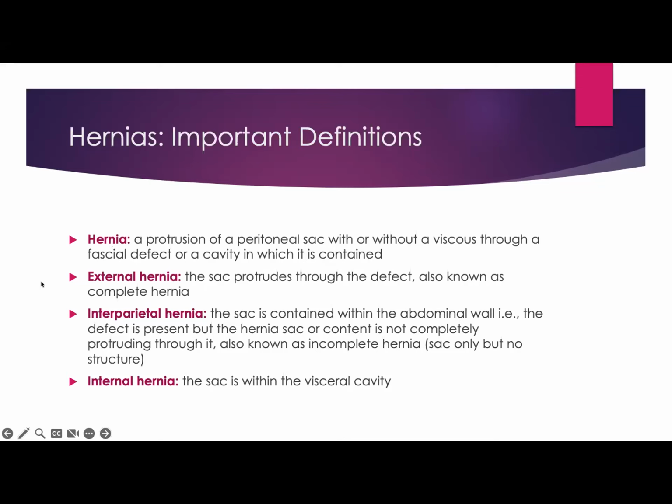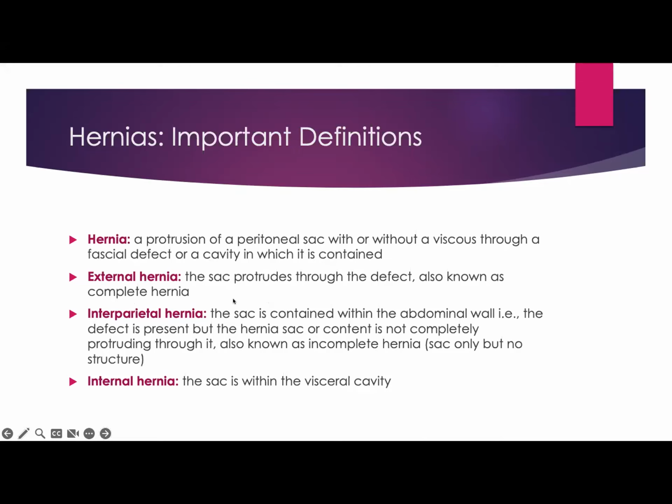Hernia has different types. First, we have the external hernia, and then we have the internal hernia. And if the external hernia is incomplete, we refer to it as interparietal hernia. Okay, so the external hernia is the sac, which is the peritoneal sac, that is protruding through the defect.